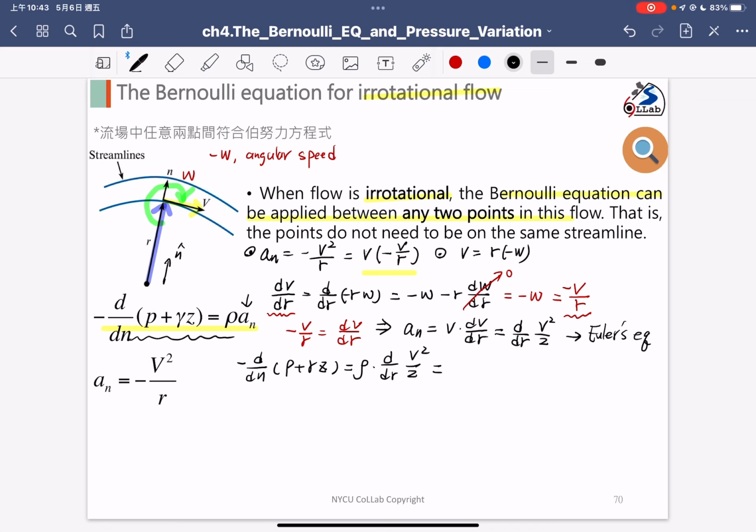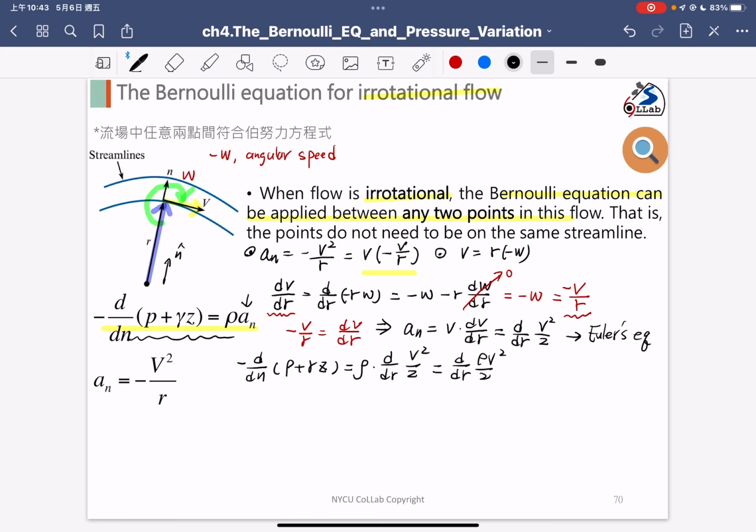As I mentioned before, the Bernoulli equation and Euler's equation are satisfied when our flow is incompressible. Incompressible flow indicates the density doesn't change at any point. So we can put the density inside, giving d dr of rho v squared over 2, because the density doesn't change when r changes.